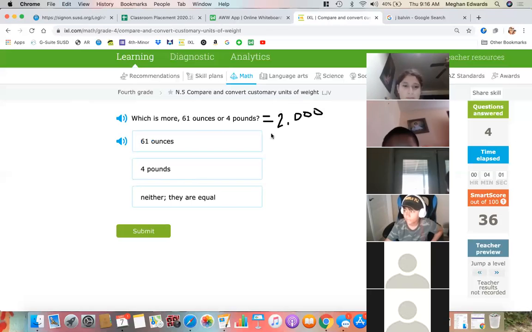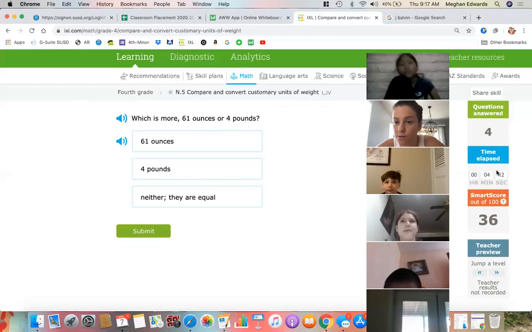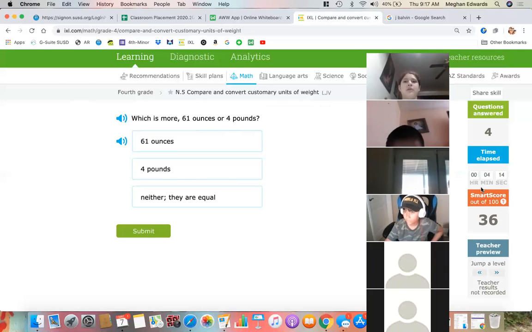All right, then we have which is more, 61 ounces or 4 pounds. So here's where we have to start converting. So I hope all of us are paying attention. I hope you've got a paper and pencil because you will need a paper and pencil for this.